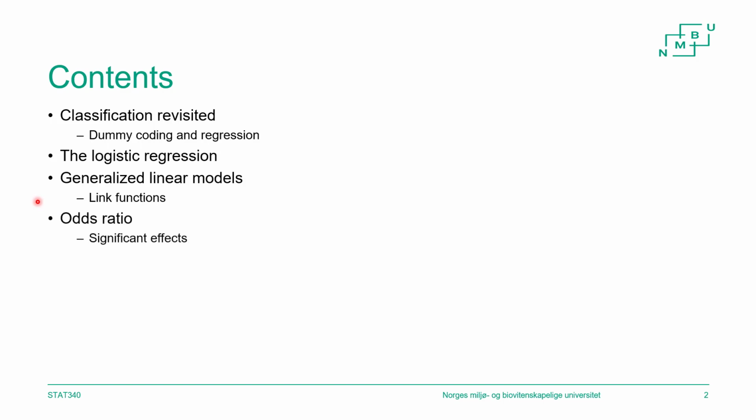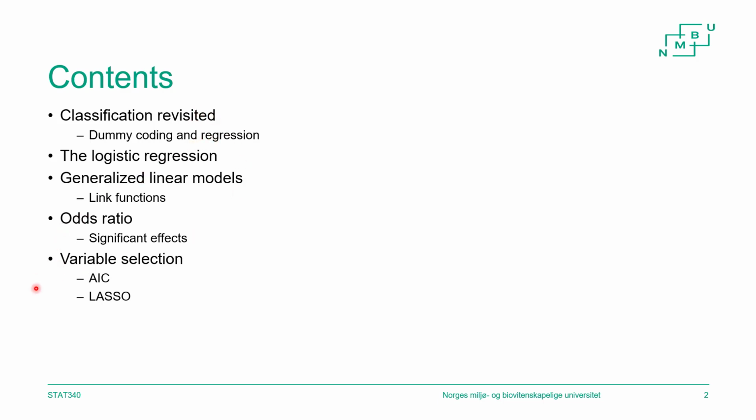We have to say a few words about the concept of odds ratio, because this has to do with the interpretation of the output we get from the logistic regression, to help us understand the output. And we can test for significant effects and so on, as we have done before. We also can do variable selection here now in a way much similar to what we have done for regression models.